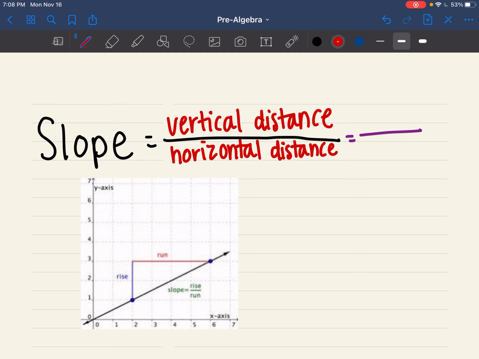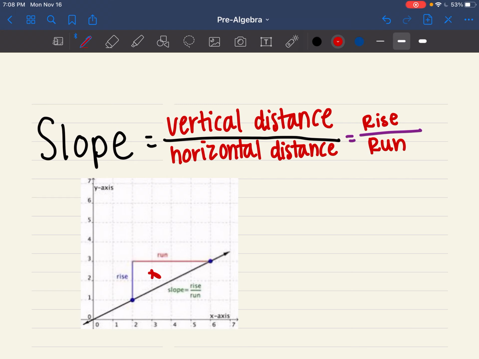A quick way for us to remember this is that slope is our rise divided by our run. If I think about a thermometer, it rises and falls, an old red thermometer. And when I'm running, I can only run on a horizontal surface, left and right.